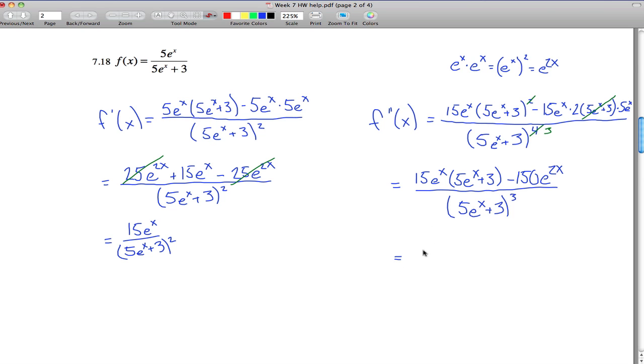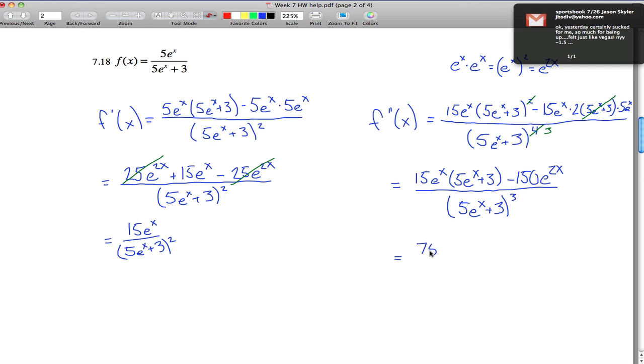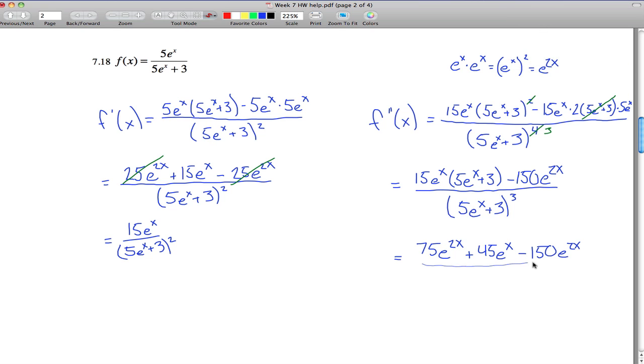15 times 5 is 75e to the 2x, plus, let's see, 15e to the x times 3 is 45e to the x. And then we want to subtract 150e to the 2x. That mess is all divided by (5e to the x plus 3) cubed.